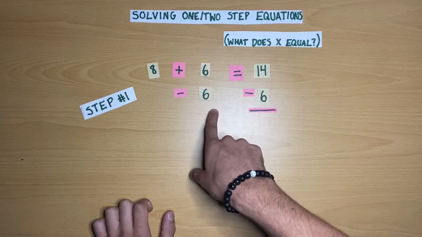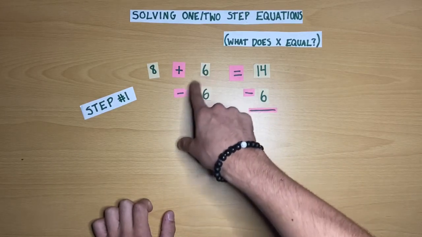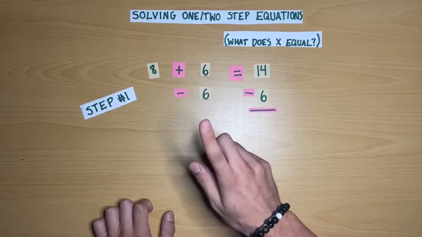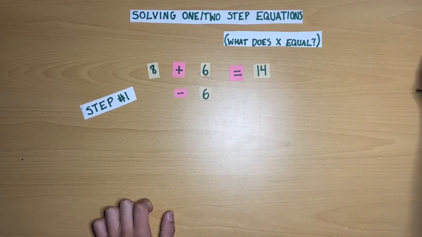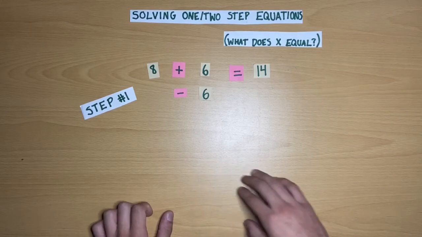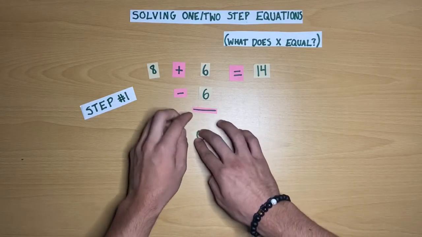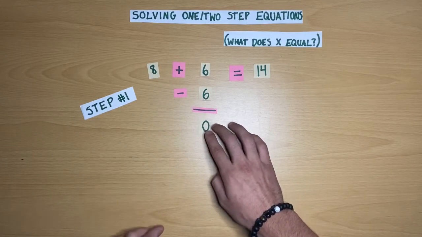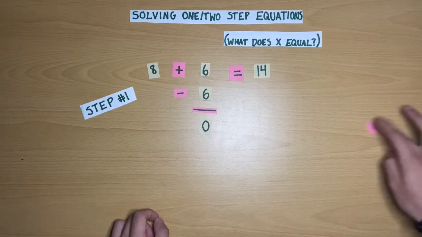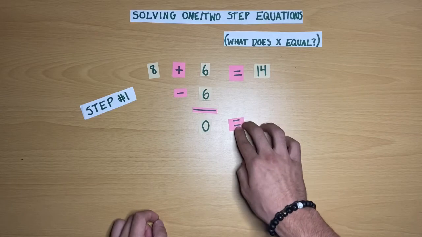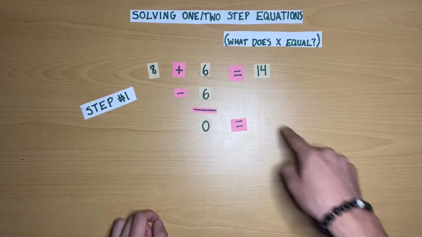And we're just going to do the exact same steps. I didn't move this. So we're going to subtract 6 from this side, but we're not going to subtract it from this side. And let's see what happens. Well, first, positive 6 minus 6, that's 0. We have our equal sign, and the 14 is carried down.